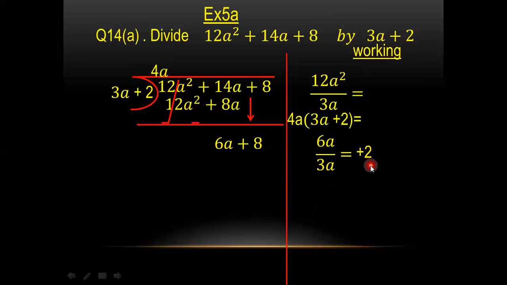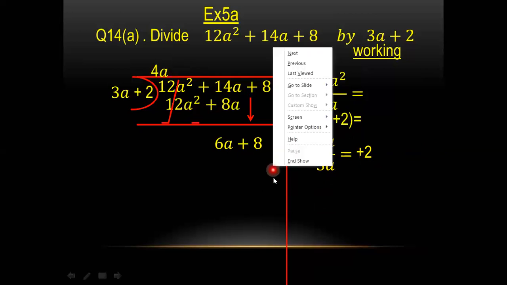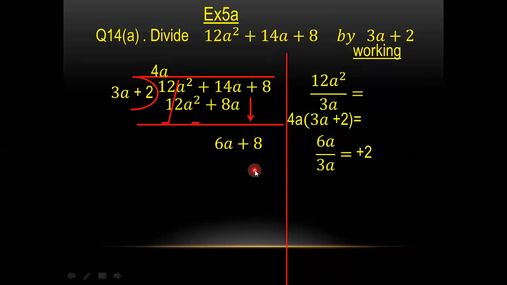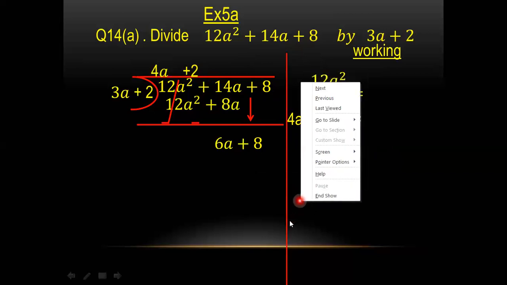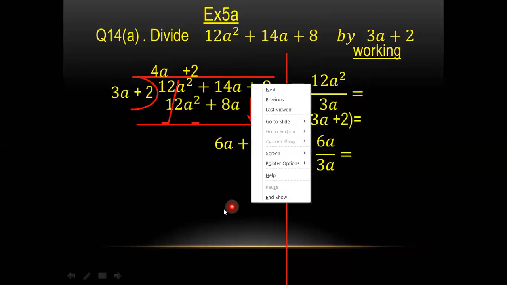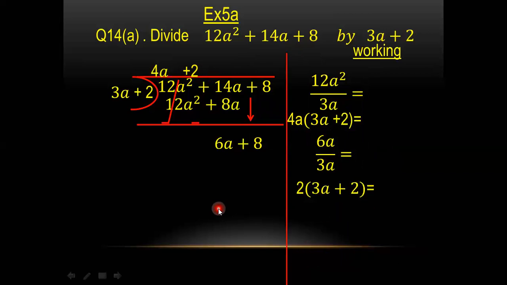This plus 2 will be utilized at two places. First it will be shifted over here and it will be multiplied with the divisor. So I am shifting this plus 2 first to the quotient, and then I am multiplying it with the divisor.